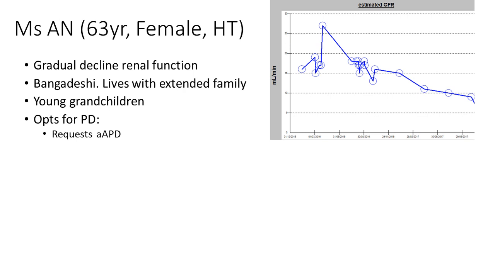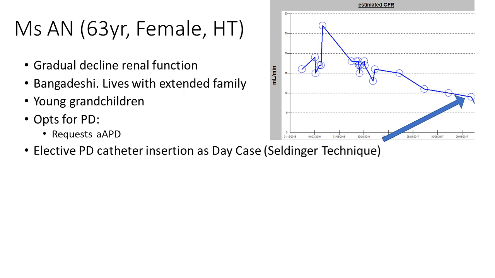In particular, because she didn't think she would be able to cope with the machine and the family were busy, we decided to go for assisted APD. And at a certain point, we arranged for the PD catheter to be inserted.